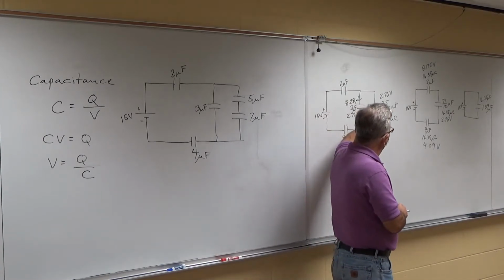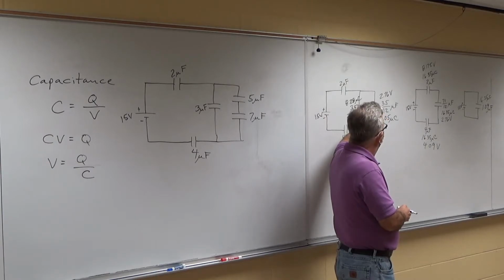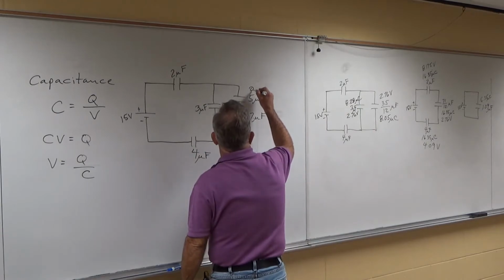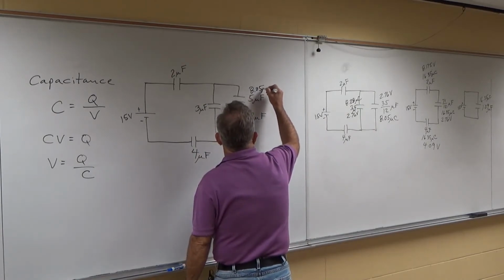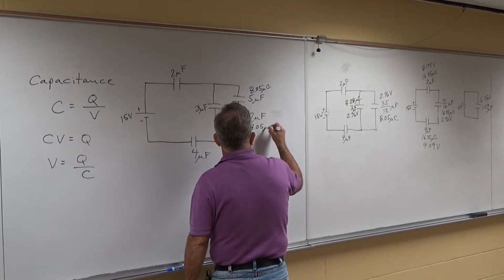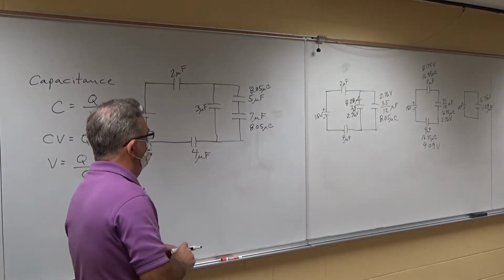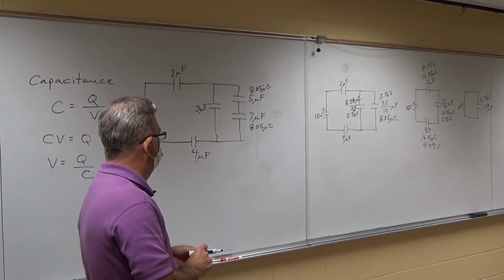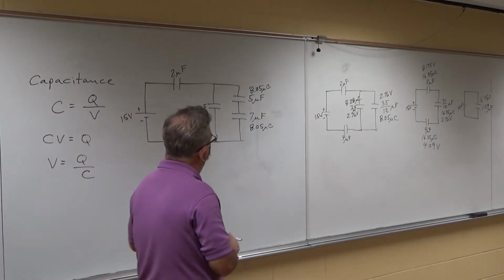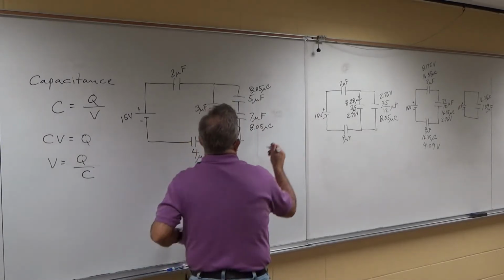Now, this came from a series connection. The 35 over 12. So each one of these has equal charge, 8.05 microcoulombs. Now we can figure out the voltage on each one of those, because voltage is Q over C. What do you get here?